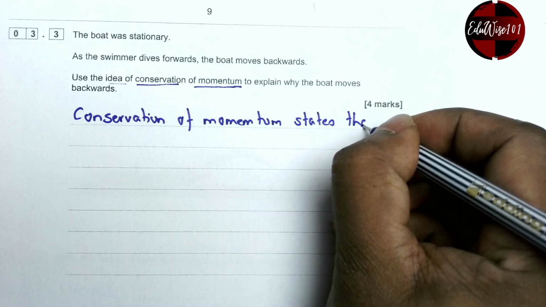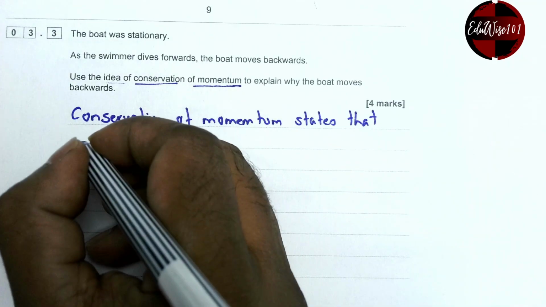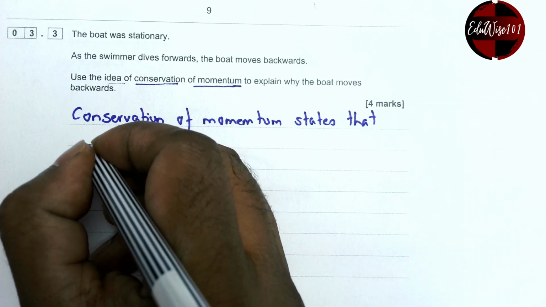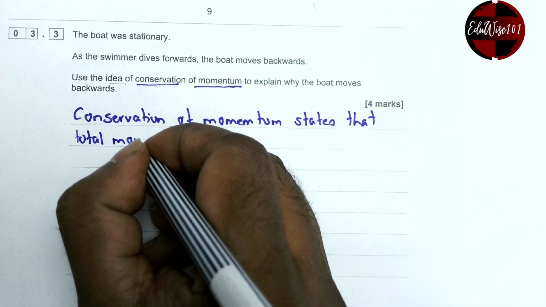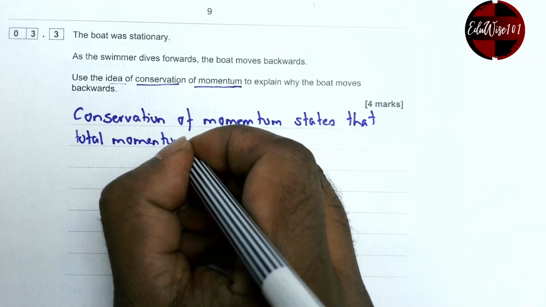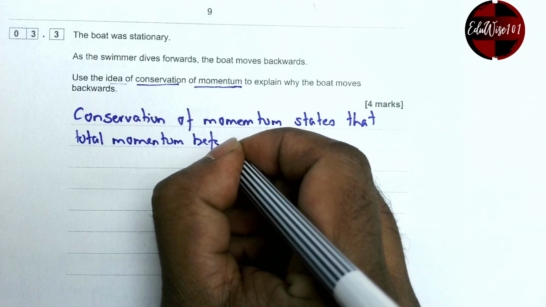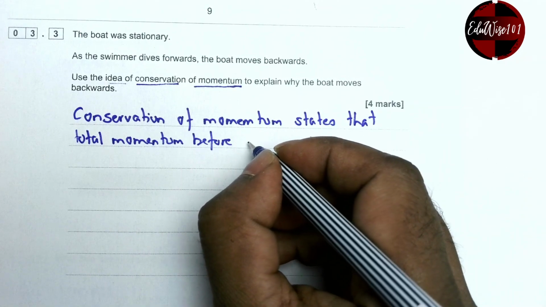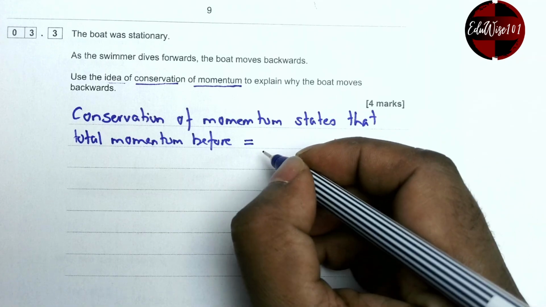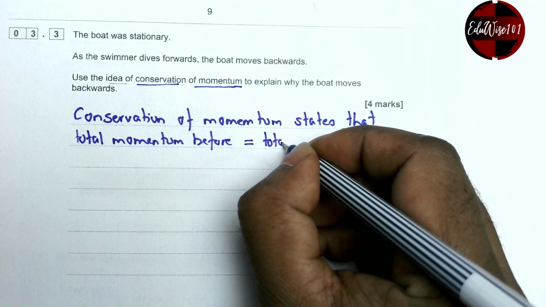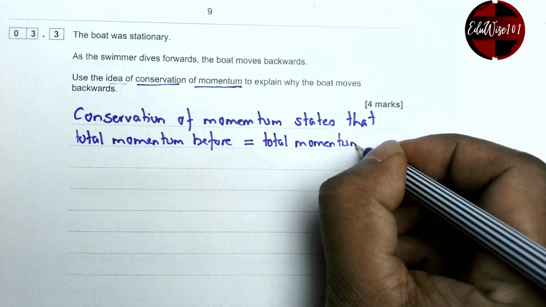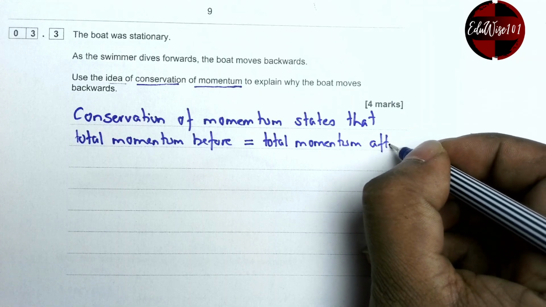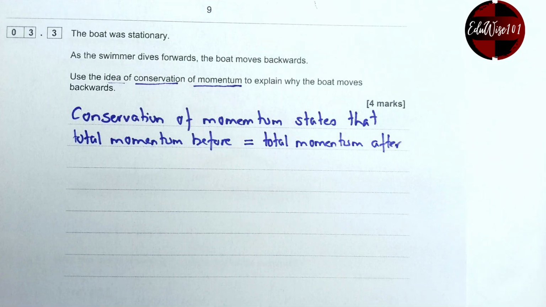states that total momentum before he jumps off should be equal to the total momentum after.